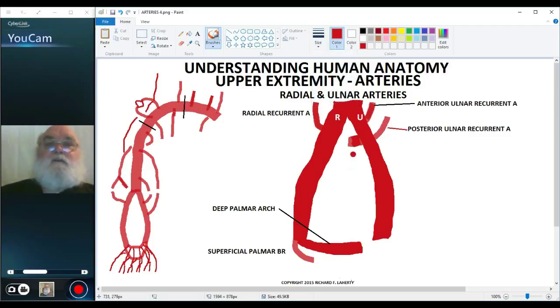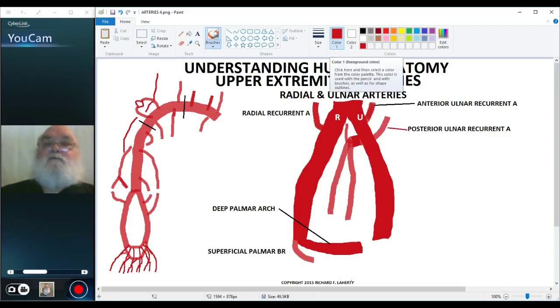It, in turn, divides into an anterior interosseous, which runs on the anterior surface of the interosseous membrane, and a posterior interosseous, which runs on the posterior surface of the interosseous membrane. And the posterior interosseous gives off a branch that passes posteriorly and superiorly, the interosseous recurrent.